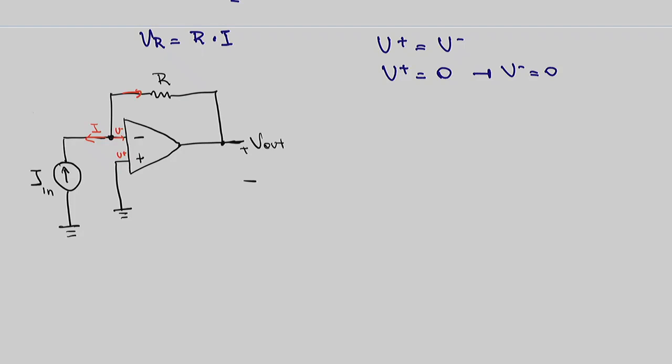If you had to write element definition for VR, what is VR? It's my U minus V out. Right? So that is VR. So now I'm going to write the currents. The currents there, in that node.